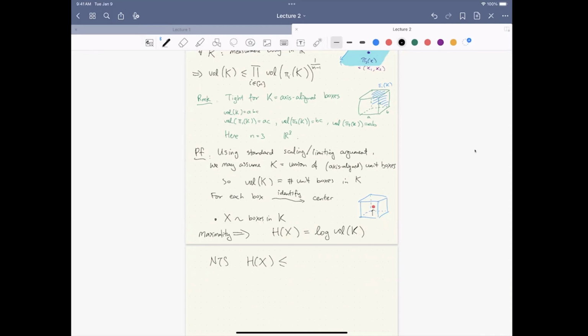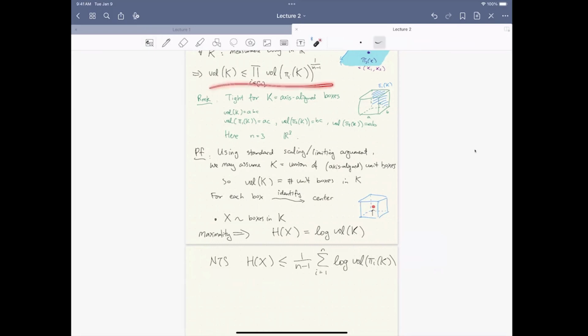It's 1 over n minus 1, sum, since product becomes sum after taking log, then log of the volume of the projection of K. This is what we need to prove. The new goal now.